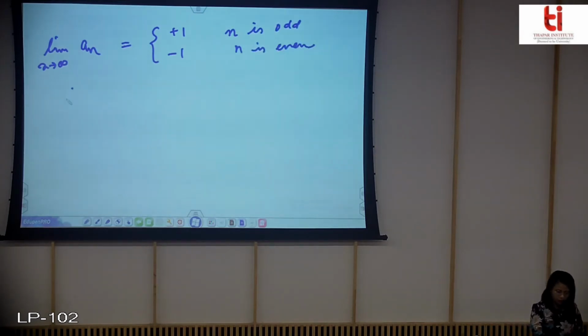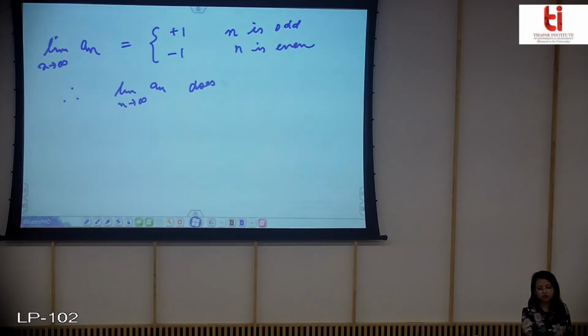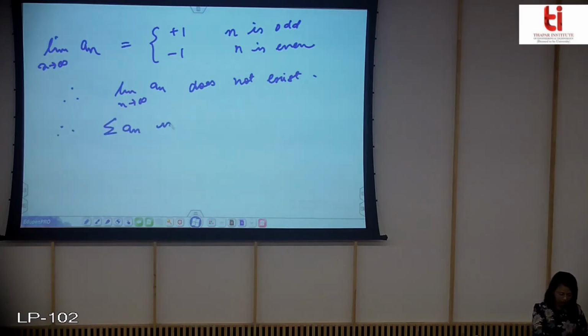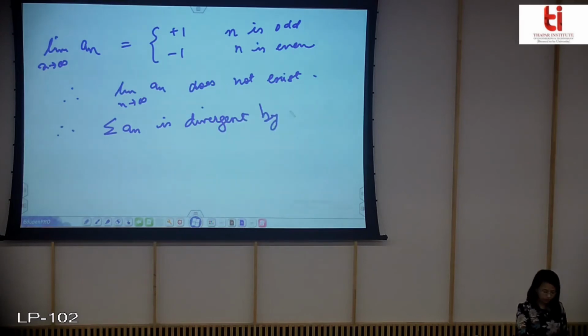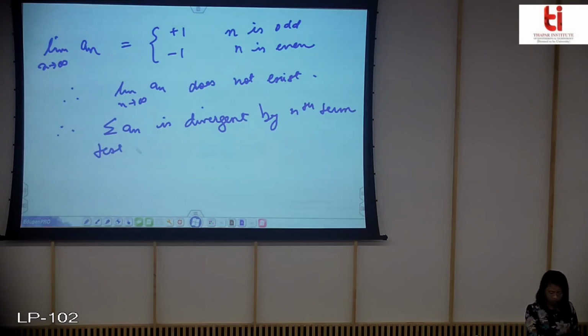So therefore the limit of an does not exist, and therefore the summation of an is divergent by the nth term test for divergence.